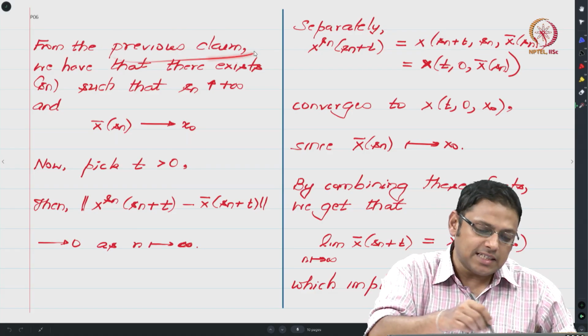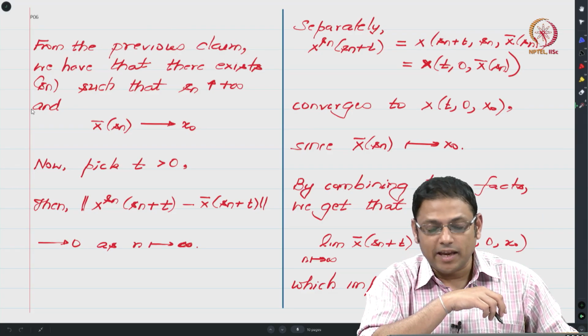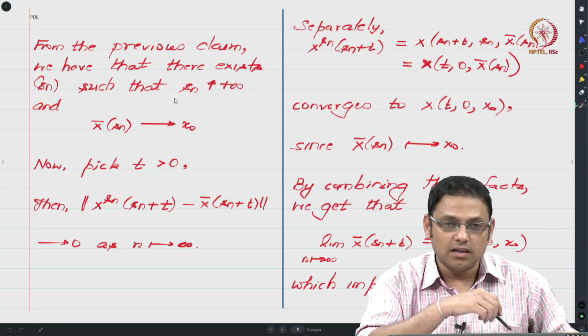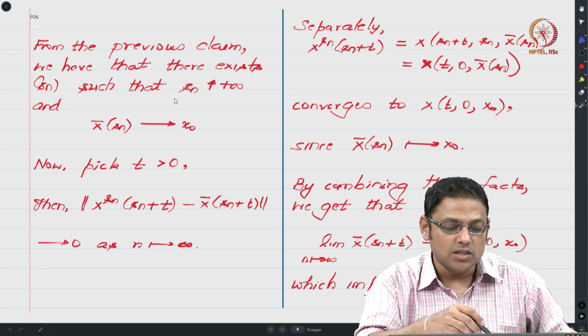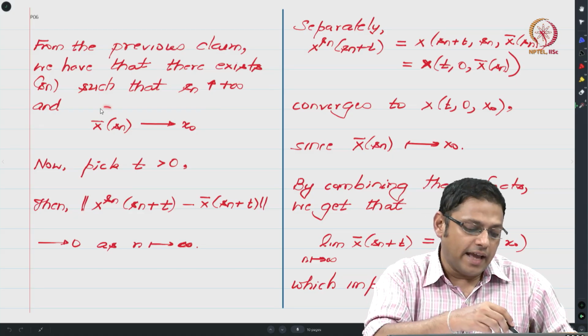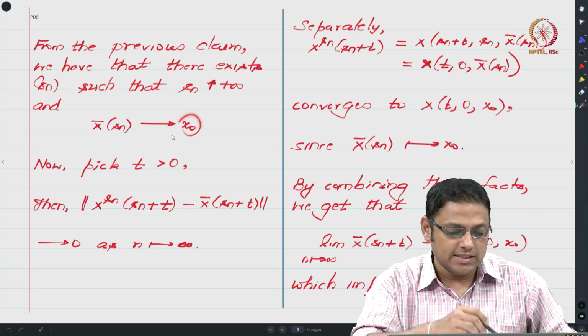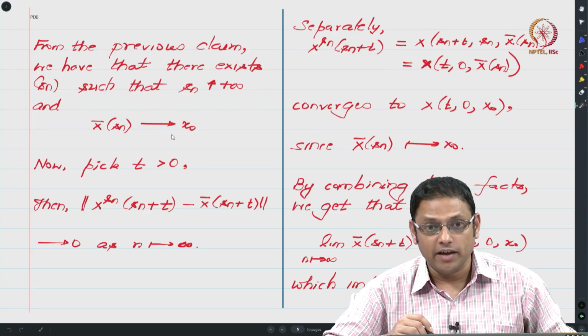From the previous claim we know that there exists a sequence of time instances that monotonically increases to plus infinity, and x bar of Sn converges to x naught, where x naught is the arbitrary initialization that we have chosen.